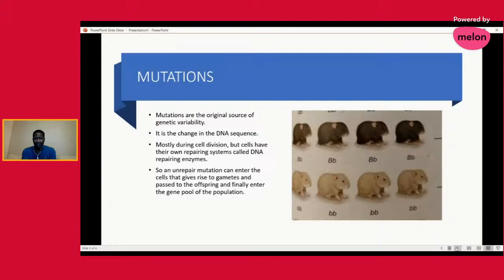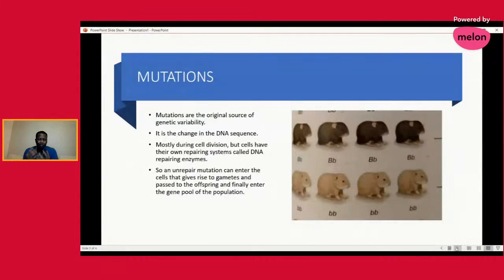All these things are a result of mutation. It causes genetic and phenotypic variability among individual members in a population. So it is the change in the DNA sequence. Normally the DNA sequence has a very perfect shape and a perfect arrangement of the nucleotides.